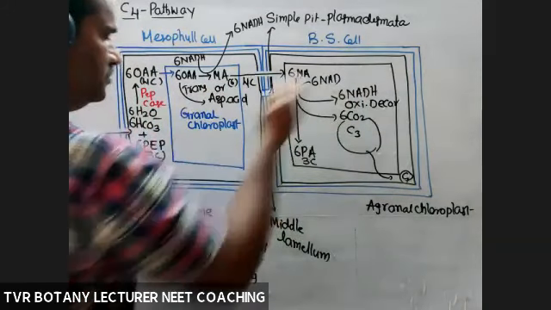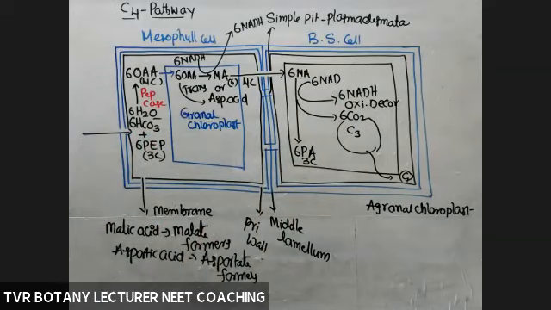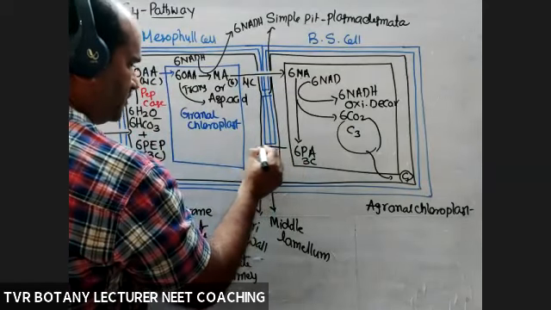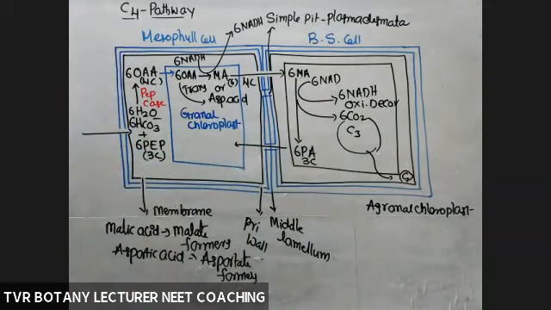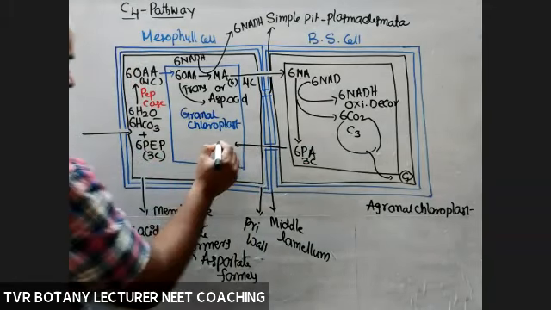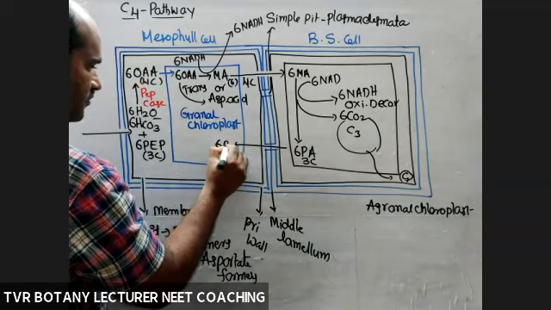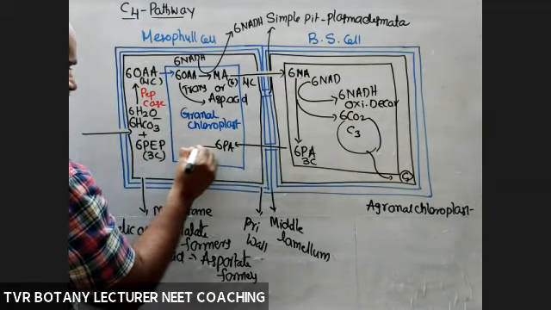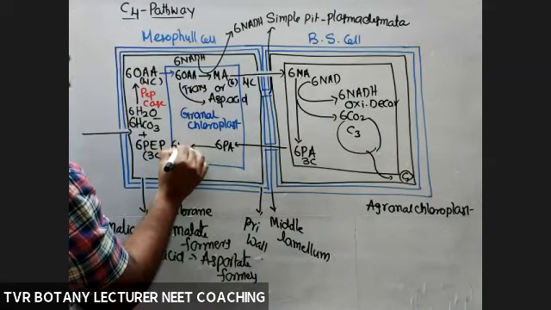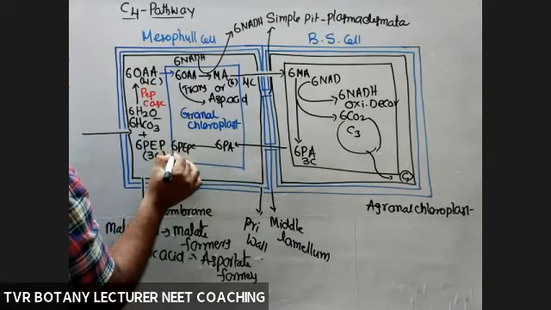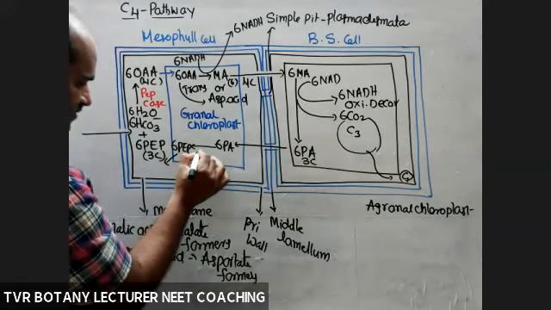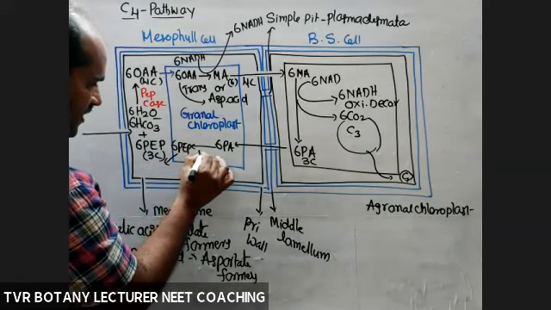So 2:1. And now what about the fate of the 3-carbon organic acid transported into the granular chloroplast? So 6 molecules of pyruvic acid are regenerated into 6 molecules of PEP that are transferred into the cytoplasm of the mesophyll cell. So here simply 6 molecules, 12 molecules of ATP consumed.